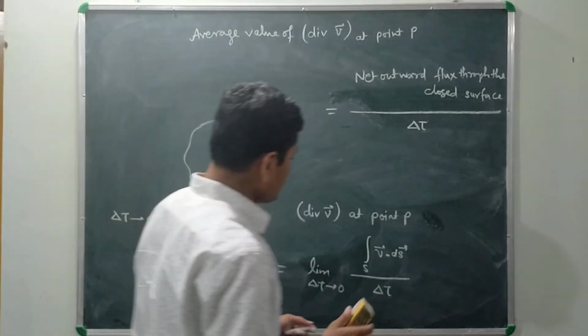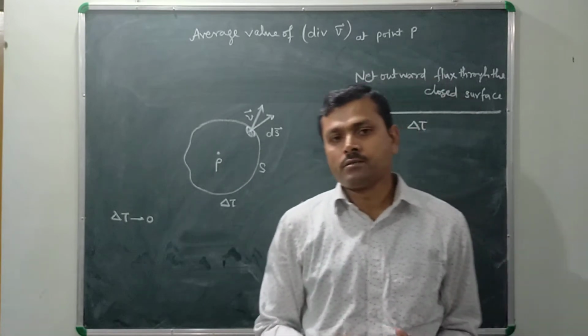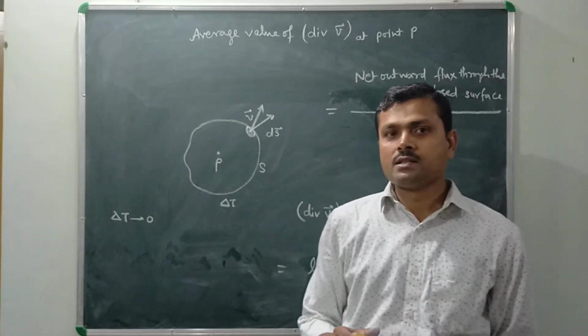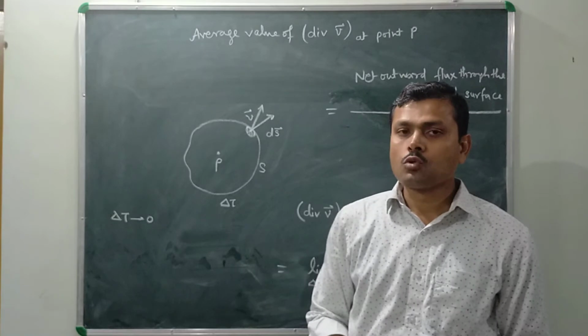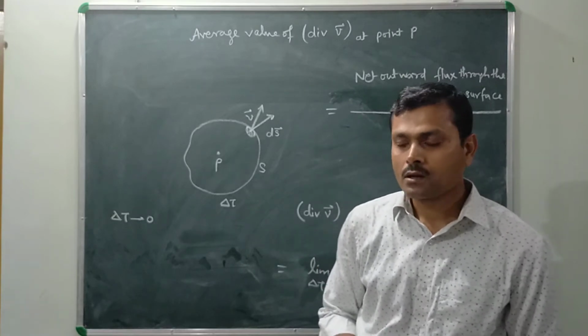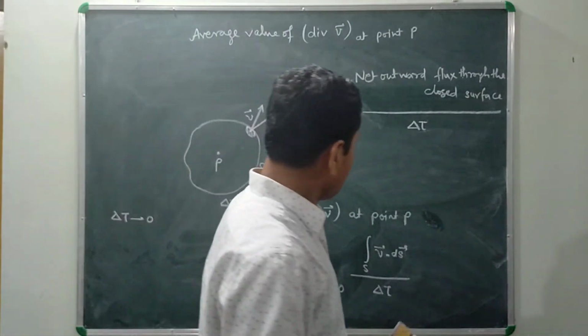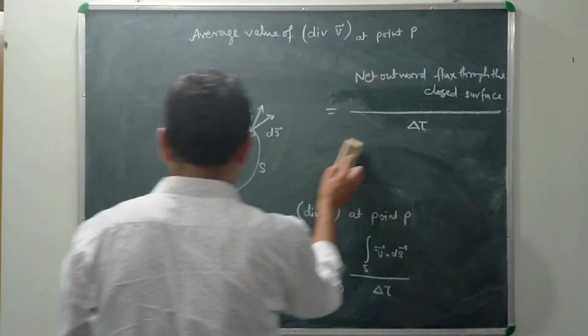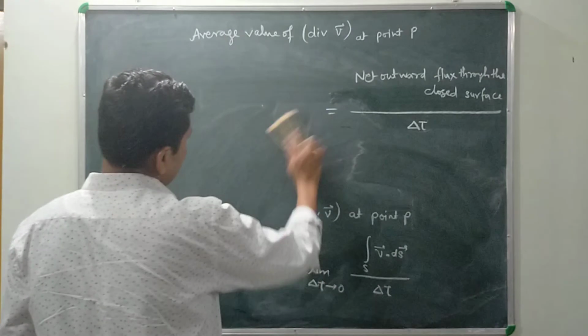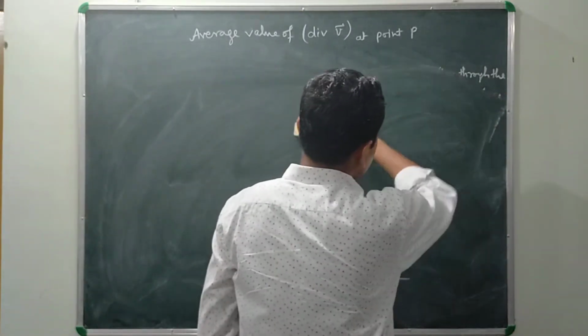This is the basic definition of divergence of vector V, and this definition is coordinate system independent. This holds good in case of all types of coordinate system.